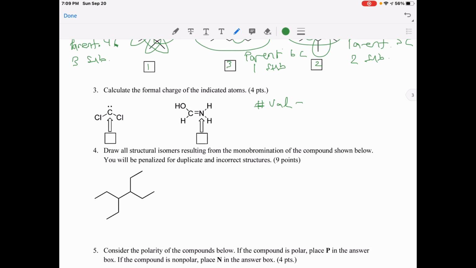From that number, you subtract the number of electrons in the lone pairs. Lastly, you also subtract 1 electron for every bond you have, or 1/2 of the number of bonding electrons.